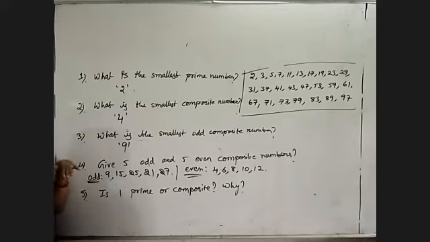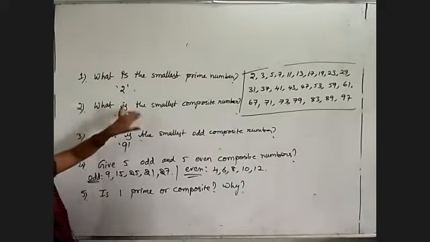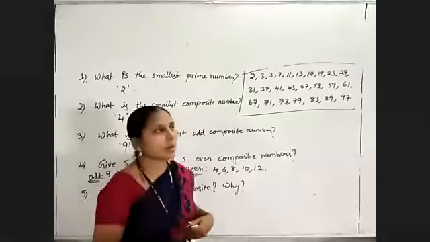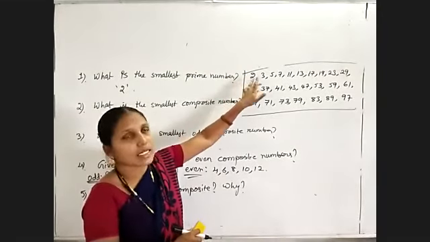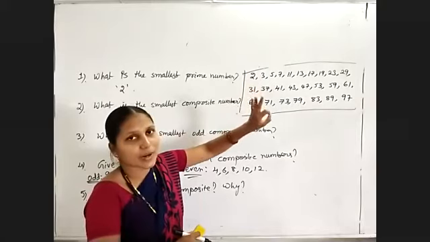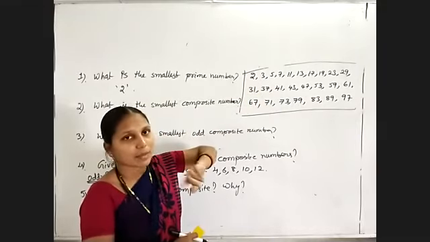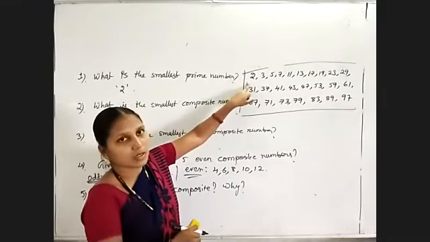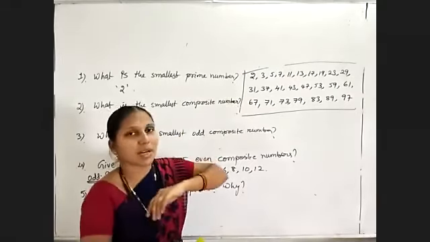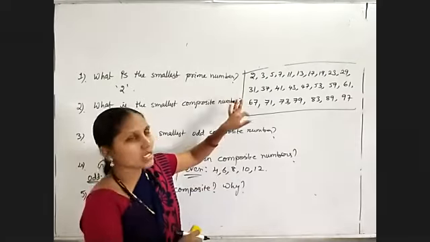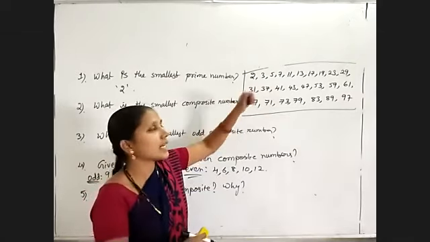So now these are the different questions. So many questions they may ask depending on prime numbers and composite numbers. You need to remember the smallest prime number is 2 and that's the only even prime number. So if they ask what is the even prime number, that is only 2. How many even prime numbers are there? Only 1. Every remaining prime number is an odd number. What is the smallest odd prime number? 3.